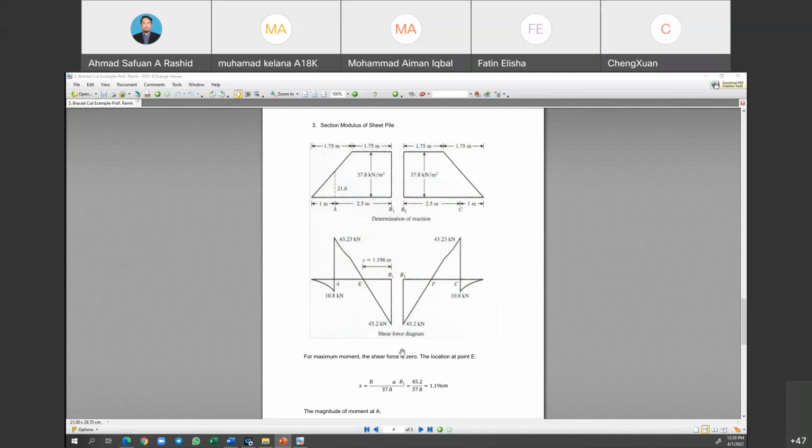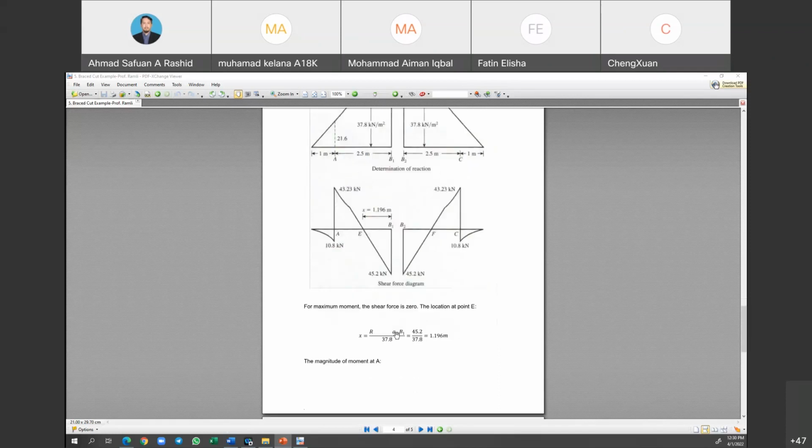Actually, I obtained 1.276 for X. But in this example, they obtained 1.169.